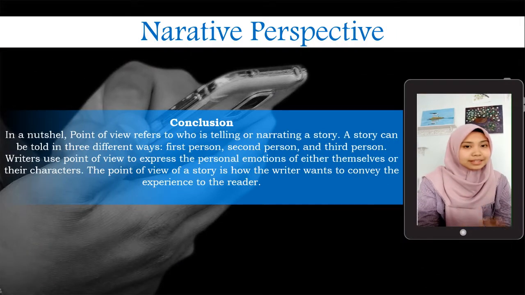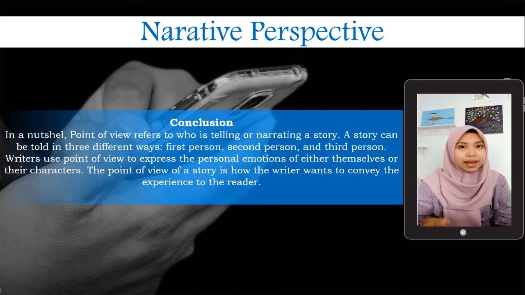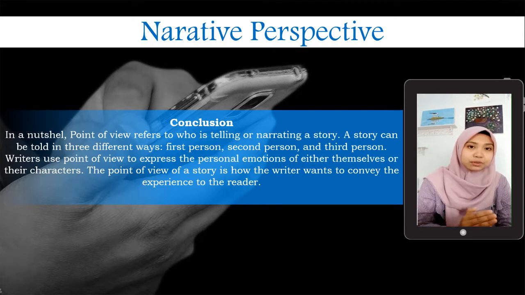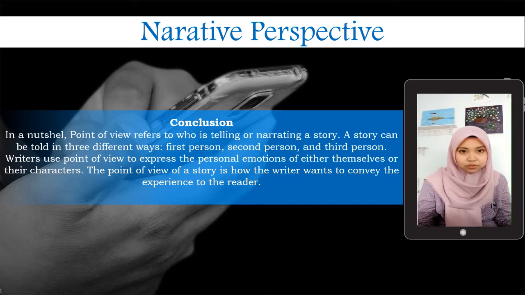Okay, for the last, everyone, in conclusion, point of view is a perspective that is used by the author or the narrator to deliver a story to the readers or to the listeners. This point of view usually doesn't change from the beginning till the end of the story.